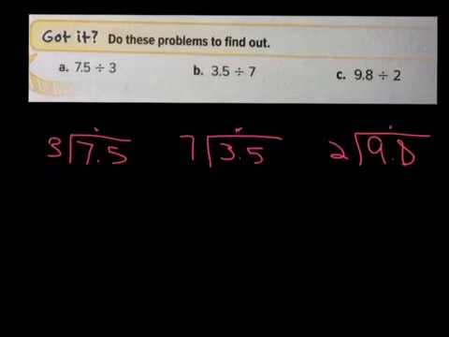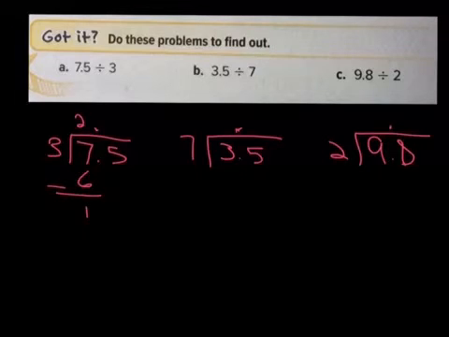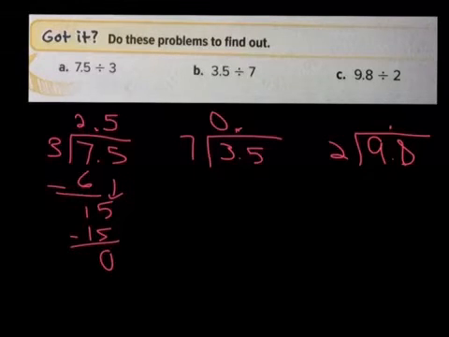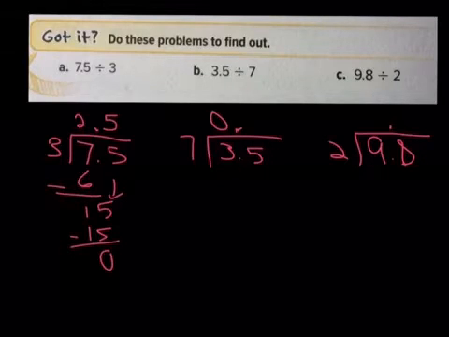3 into 7 is 2, gives me a 6. Subtract, 1, bring down the 5, and then 3 into 15 is 5, because it's 15. So there we go. 7 into 3, none. So that's a 0 right there. And then 7 into 35 is 5. 35, right? 0.